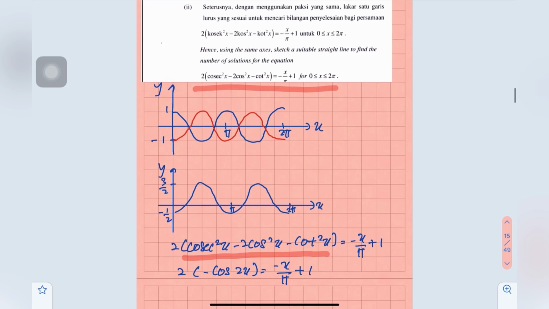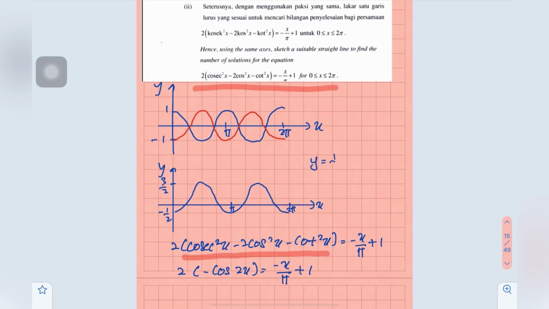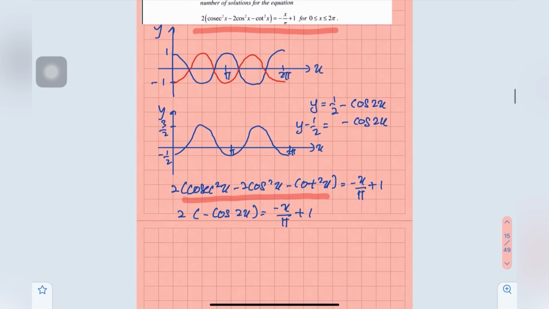Okay, tapi daripada B pula, kita ada graf tadi. Y sama dengan 1 over 2 minus cos 2x. Jadi kalau negatif cos 2x sama dengan y minus 1 over 2 lah kan. Okay, jadi kita masukkan, tergantikan.